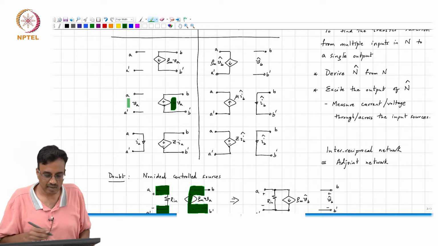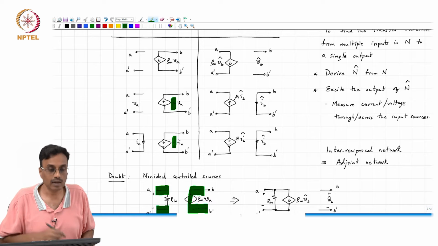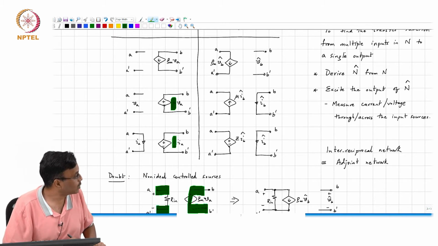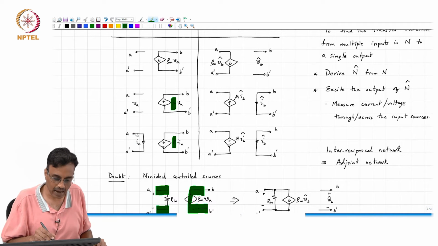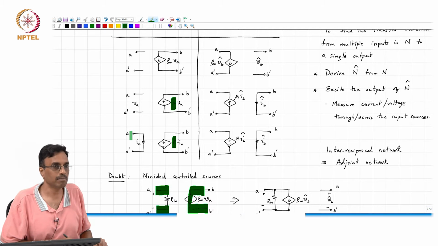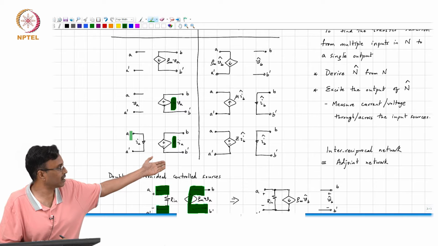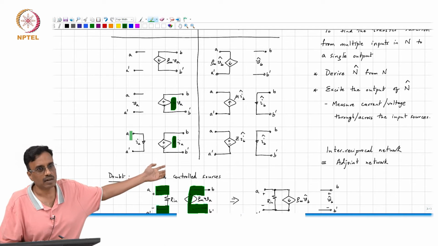Likewise, if the controlling parameter Z is infinite, and the voltage between B and B prime is finite, what comment can you make about A and A prime, the voltage between A and A prime? The voltage between A and A prime in the current controlled voltage source is anyway 0. What comment can you make about the current?